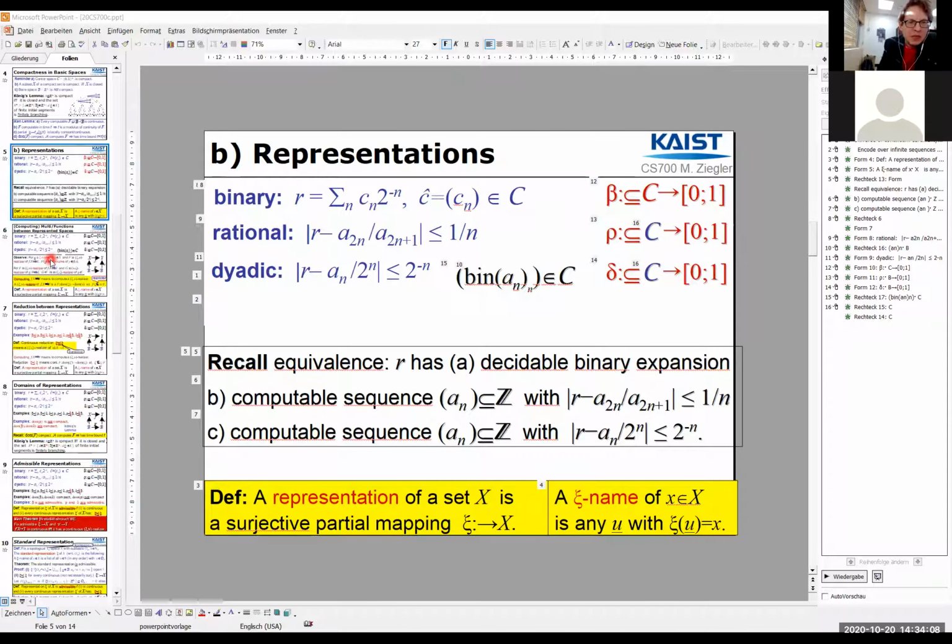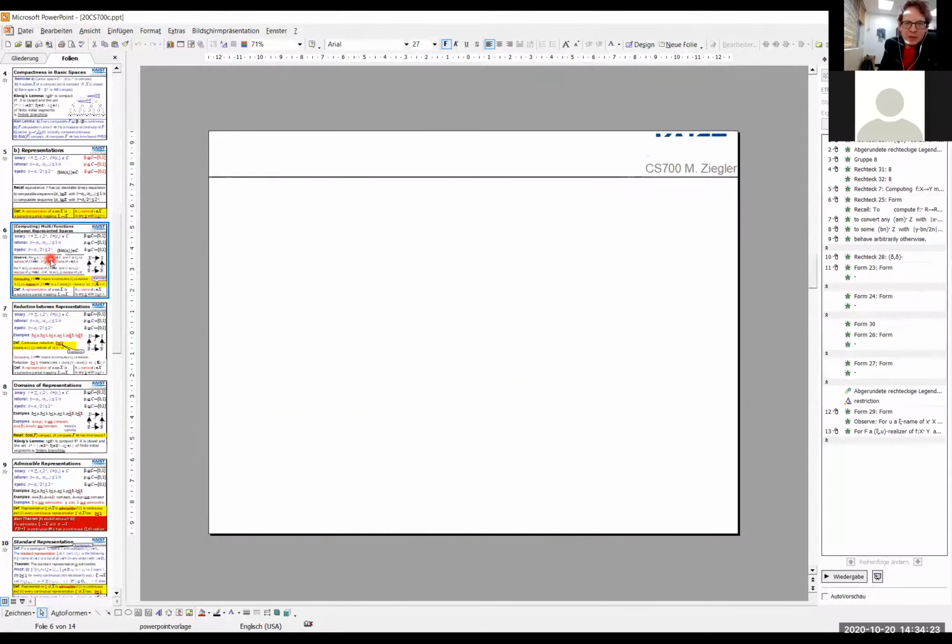Towards this end, we need to identify which representations are actually reasonable ones. We want to classify and characterize different representations of the same space.